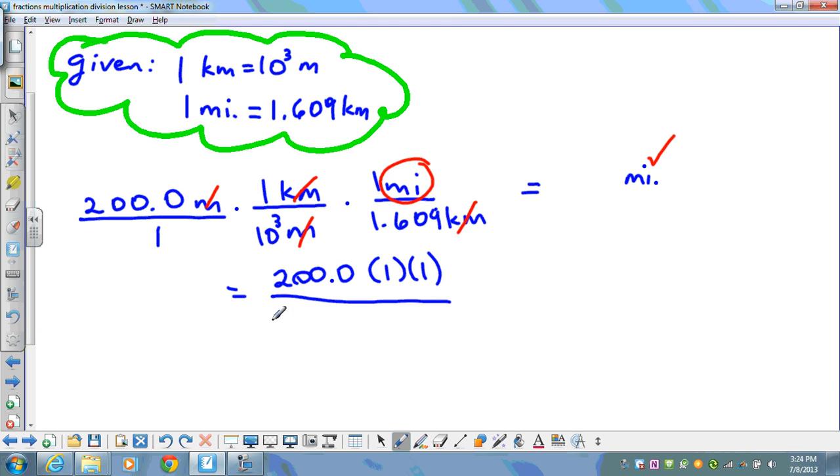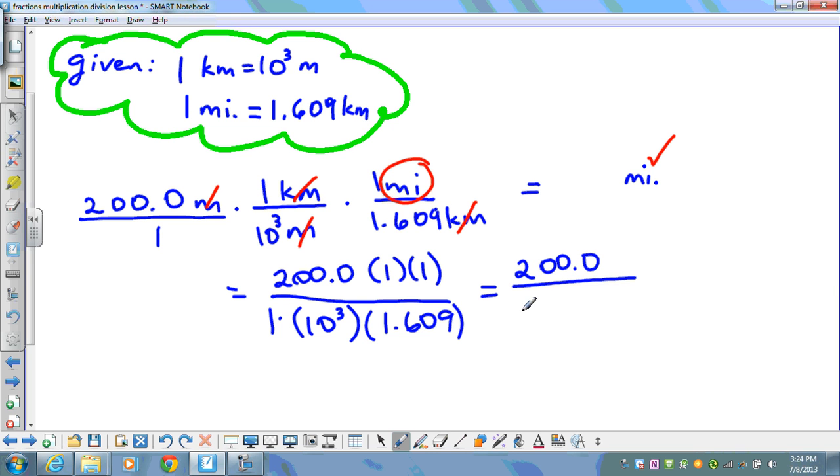And in the denominator, we have 1 times 10 to the third times 1.609. So I can drop the ones and simply I have 200.0 divided by 10 to the third multiplied by 1.609. So we just need to enter this into the calculator to get an answer for our problem, and the units will be miles, as we've looked at previously.